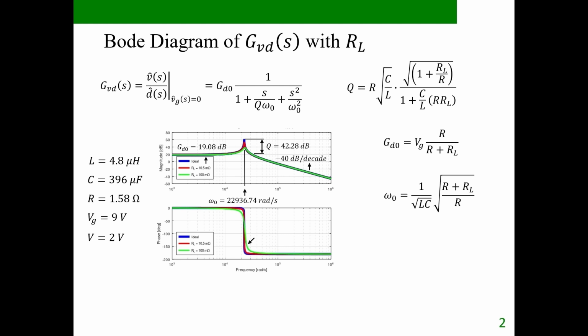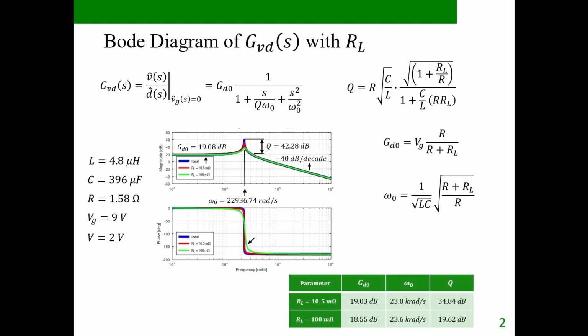The quality factor Q drops significantly, the resonance peak becomes flatter, the LC double pole becomes less pronounced, the phase dip becomes less sharp, and these effects are summarized in the table below. When you compare the ideal power stage to the realistic values, you see that even small parasitic resistances can significantly modify the shape of the plant.